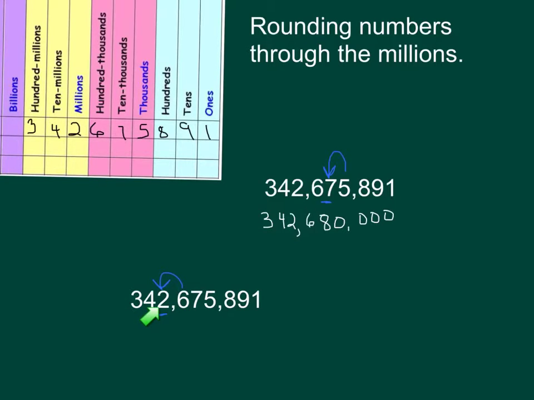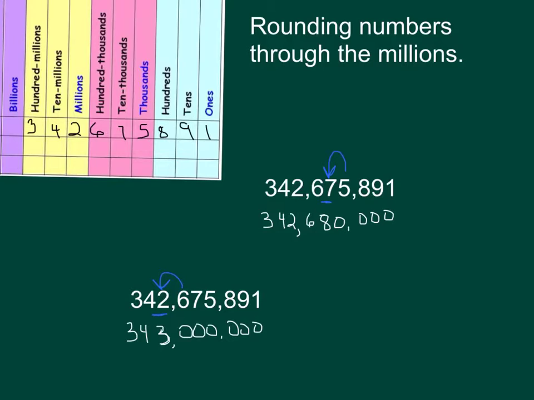If you said 5 or more, you'd be correct. So what is our 2 going to do? It's going to soar. If it's 5 or more, this will soar. So our 2 is going to soar to 3. Everything behind it is going to turn to zeros. And everything in front of it we're going to keep just like it is.